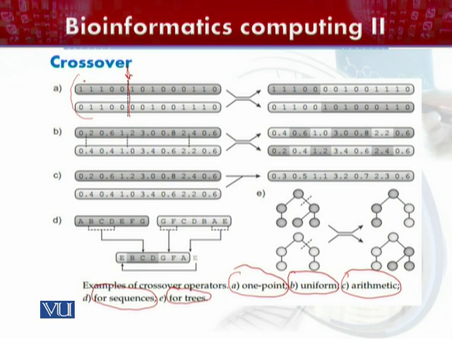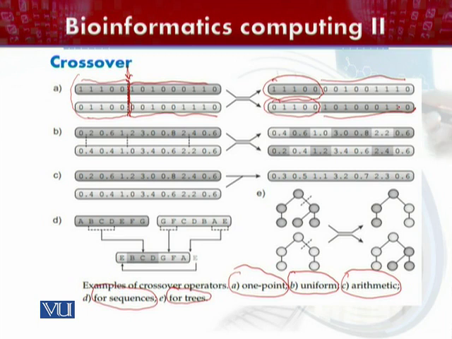This chromosome will be original up to here, but from this point onward this part will be swapped with the other one, and this chromosome will take the part of the other chromosome. In the new combination, this chromosome has its original part and the newly recombined part, and the second chromosome has its original part here and the newly swapped part here. So this 1-point crossover will yield two new chromosomes for the next generation.